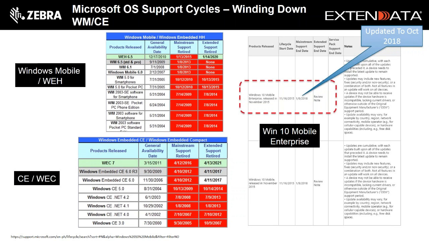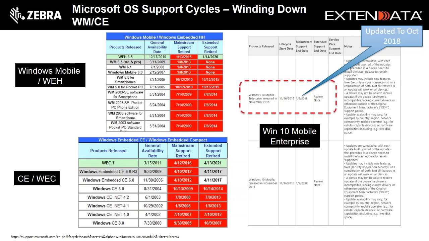When it's in extended support, and you can see that Windows Embedded Handheld 6.5, which is basically a rebranded Windows Mobile 6.5, goes out to January 14, 2020, but make no mistake, that means it gets security patches. It does not get security protocol updates. And that's an important distinction that has confused many of our customers and our partners, is they say, well, it's supported out to 2020.